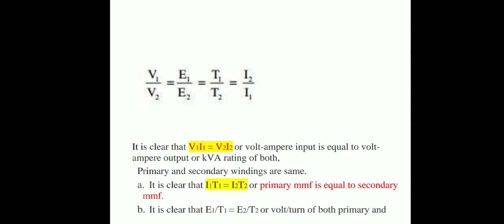From these transformation ratios, it is clear that V1 I1 is equal to V2 I2, or volt ampere input is equal to volt ampere output, or kVA rating of both. In other words, P1 is equal to P2. The power of the primary side is equal to the power of the secondary side. It is clear that I1 T1 is equal to I2 T2, or primary MMF is equal to secondary MMF.